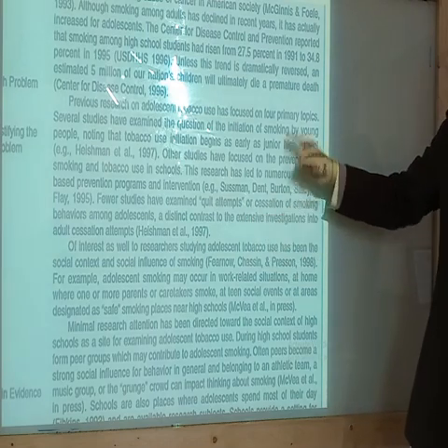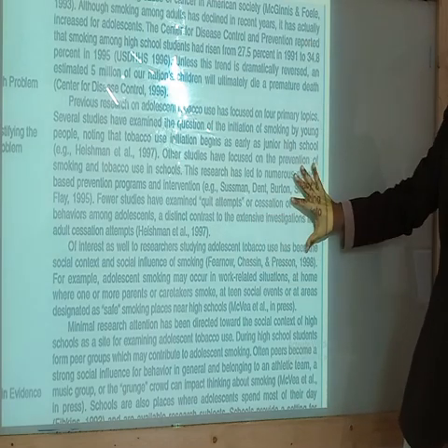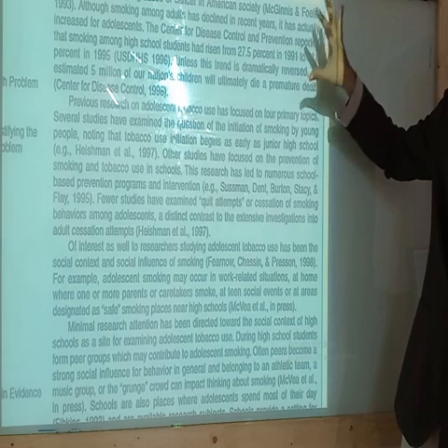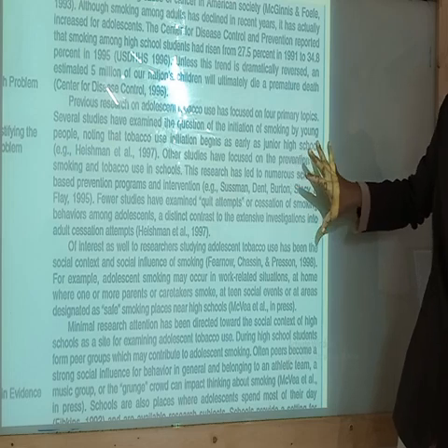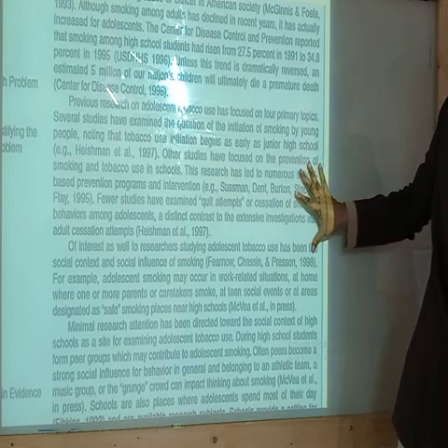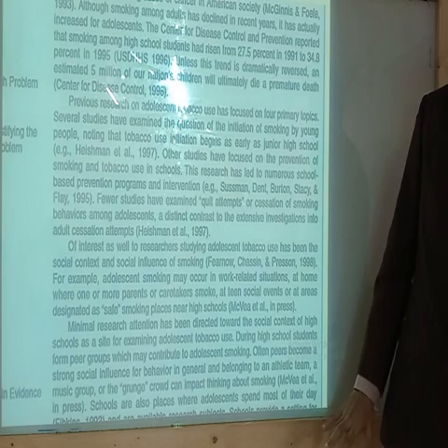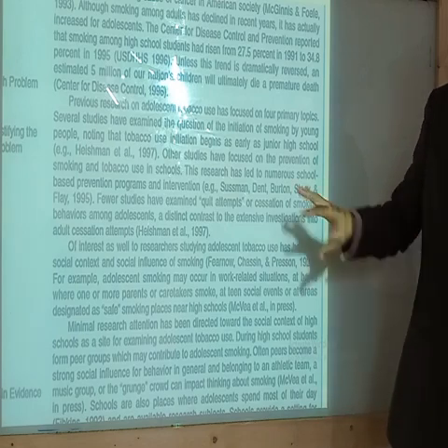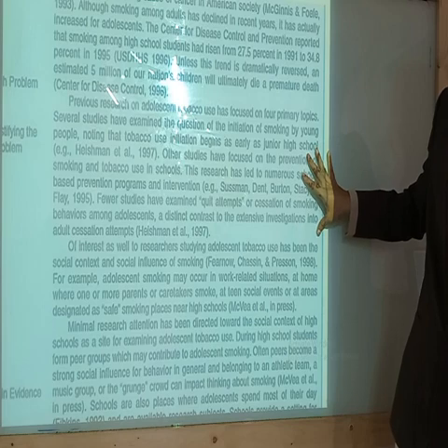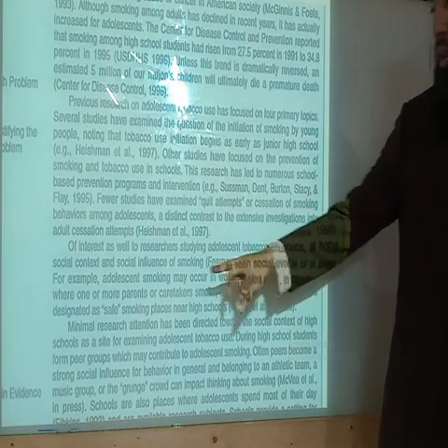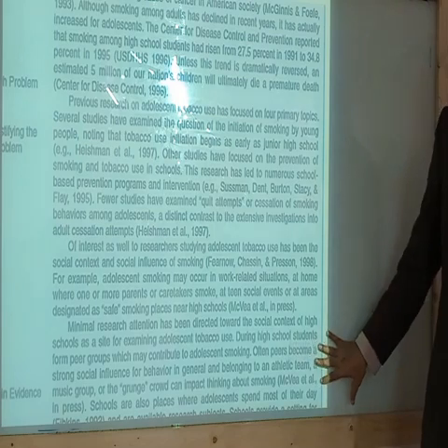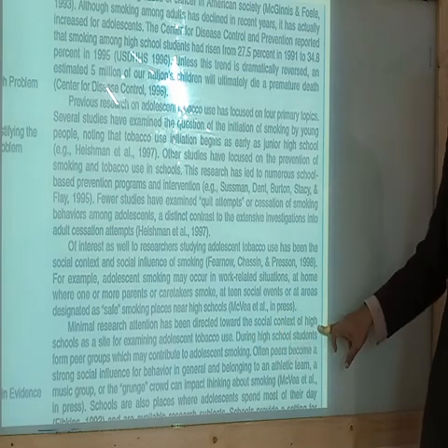See, that's how he has made his point very well. Critical problem, adolescent problem, and a sharp contrast in the availability of research: old people's research is there, but adolescent research is not there. Minimal research attention has been directed toward the social context of school.